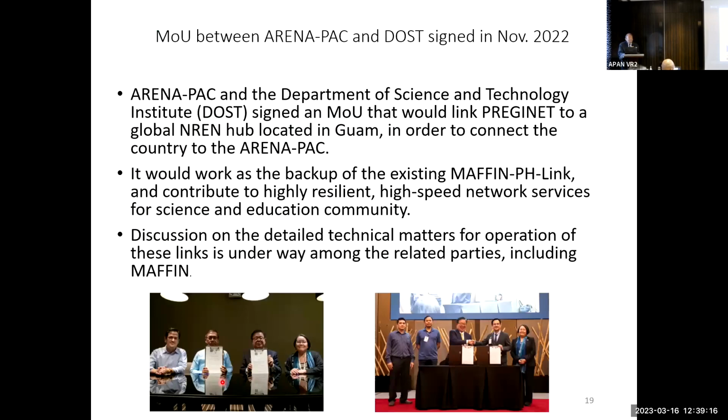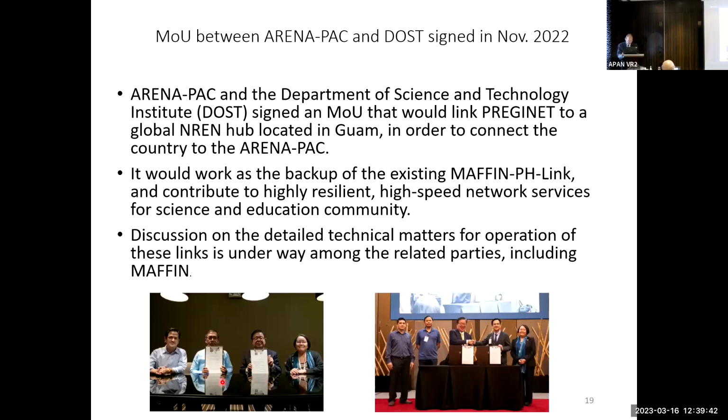And another update is the MOU between ARENA-PAC and DOST, the Department of Science and Technology, signed in November, to mention that they would link PREGINET to a global NREN hub located in Guam in order to connect the country to ARENA-PAC.